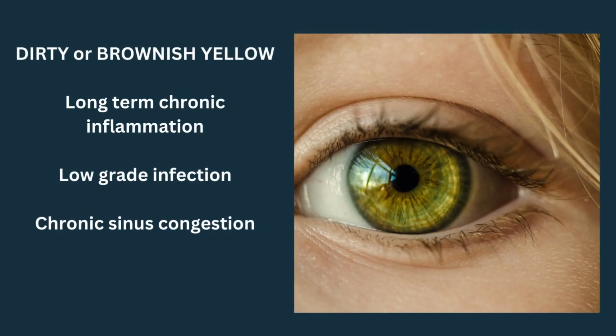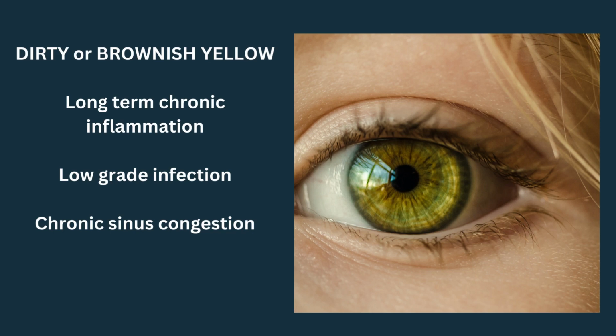And then we have this dirty or brownish yellow, which is interpreted to indicate a tendency for long-term chronic inflammation or a low-grade infection. So this is somebody who's been dealing with inflammation in the body for a long time. Or it could be a low-grade infection, or a very new infection in the body.